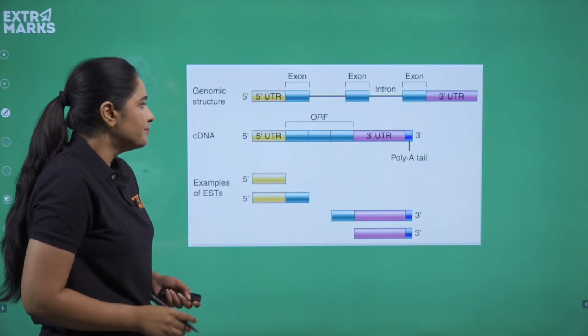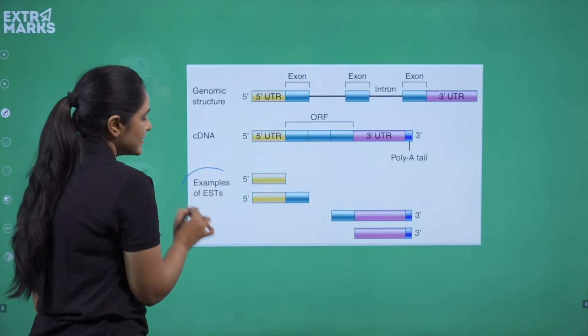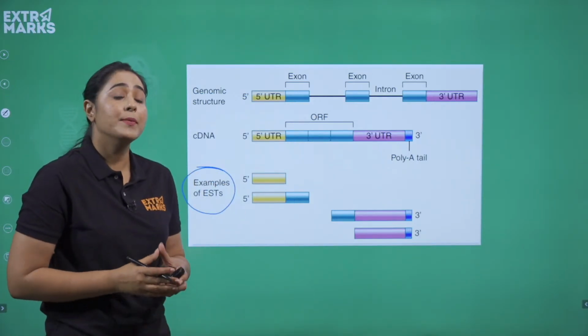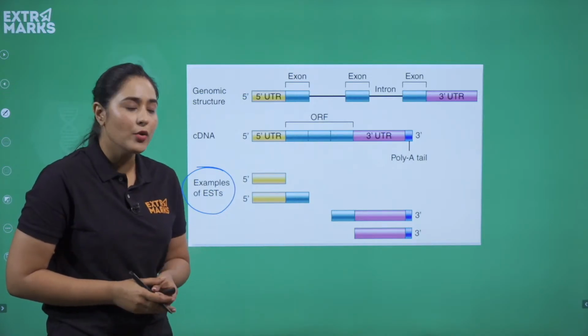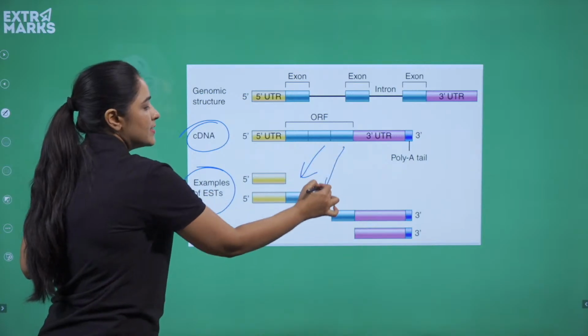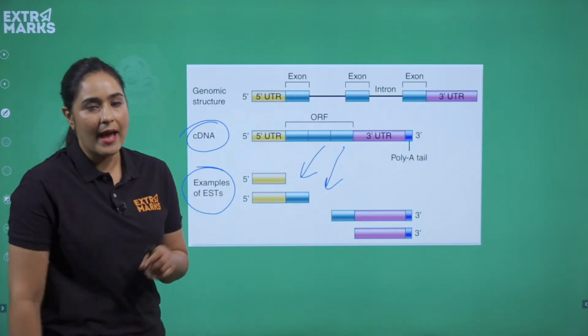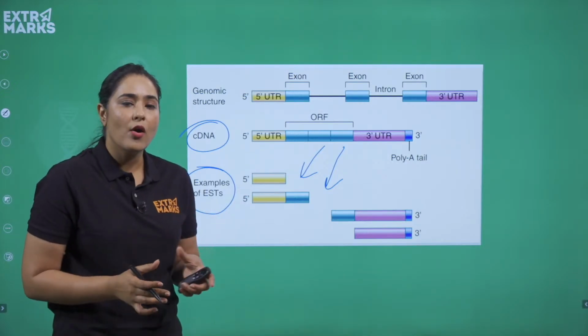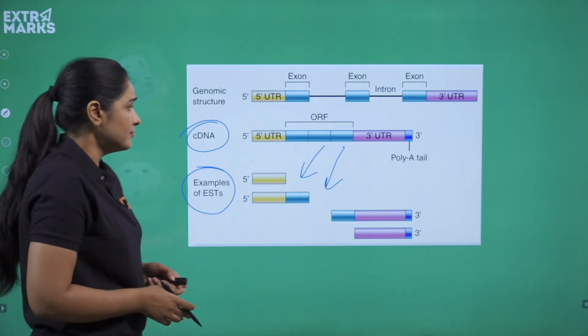See here, we are having these examples of EST, or the expressed sequence tags, as they are helping in the sequencing of the genome. From the complementary DNA, we are having the synthesis of these ESTs, and we have exploited them in the sequencing of different kinds of genomes.